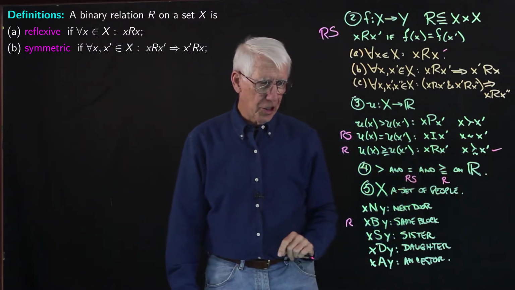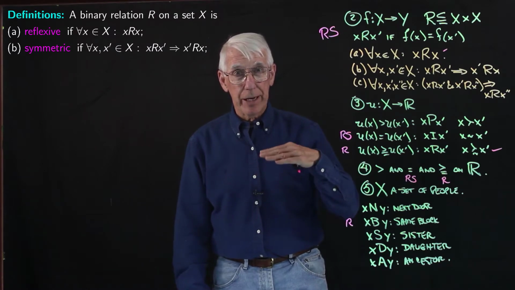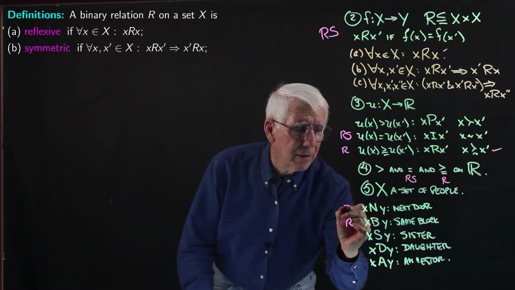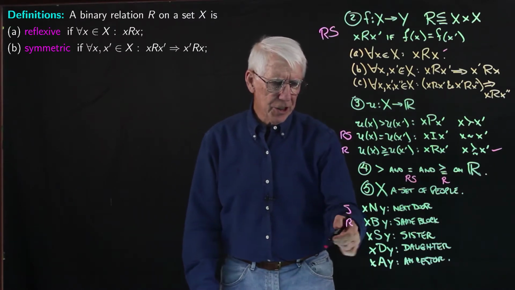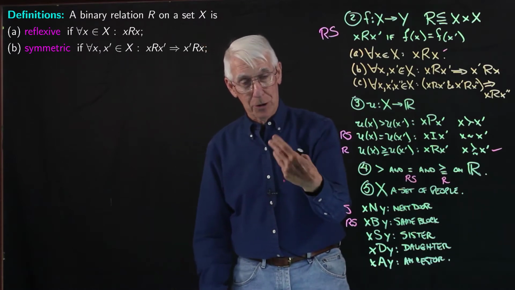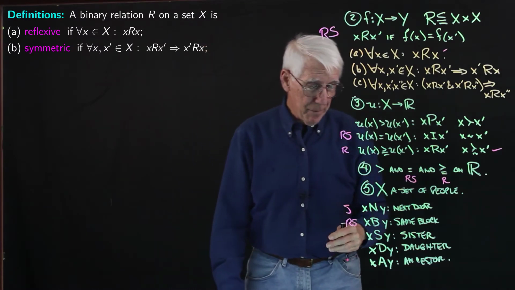Living next door to someone, that would be symmetric. If I live next door to you, you live next door to me. So that's symmetric. Living on the same block, clearly symmetric. If I live on the same block as you, then you live on the same block as me.